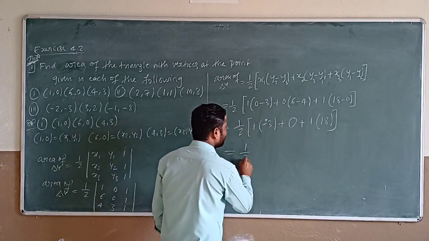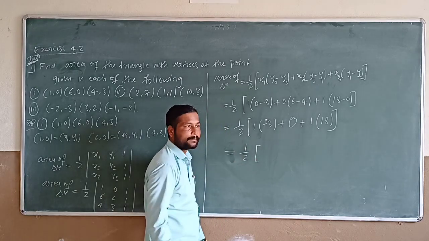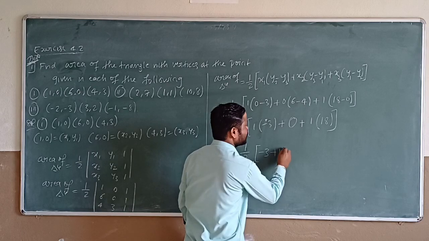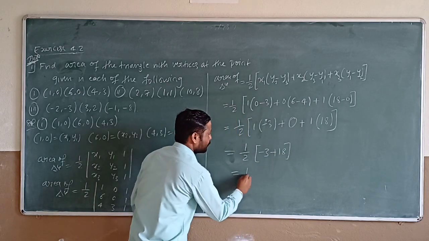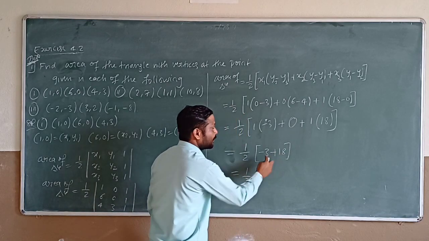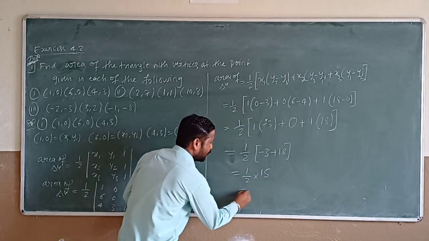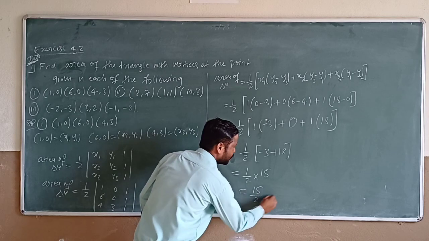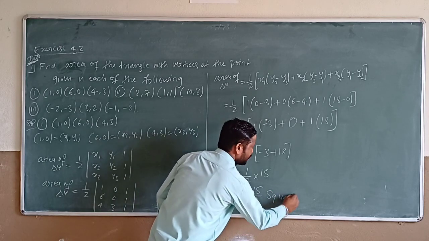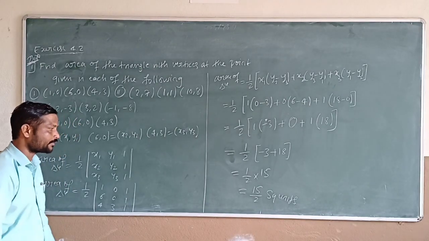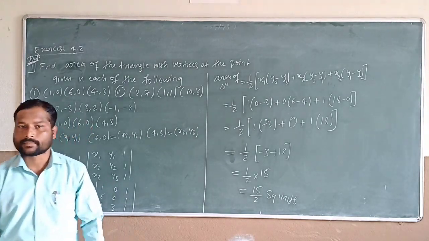Then 1 by 2 as it is, 1 into minus 3, that is minus 3, plus 18. Then 1 by 2 as it is into 18 minus 3, that is 15. 1 into 15 divided by 2, 15 divided by 2, in square units for question number 1. That is, the area of the triangle is equal to 15 by 2 square units. Okay, right.